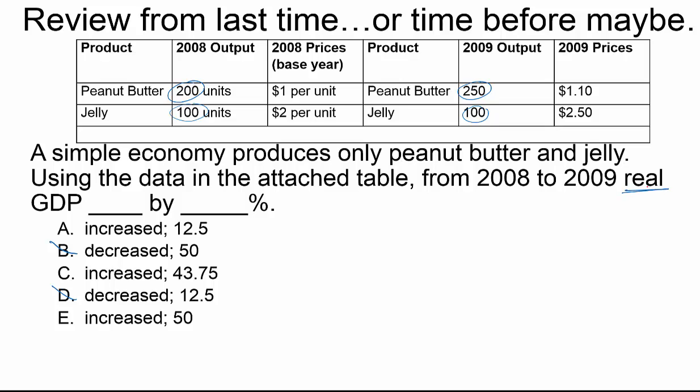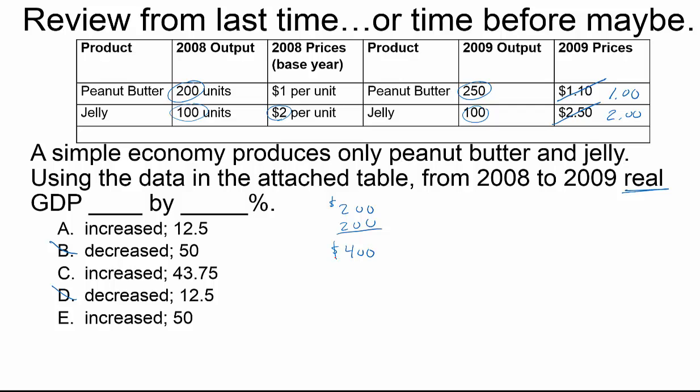That means we have to deflate the prices in 2009 back to the prices they were in the year 2008. So basically, we don't have to use a deflator or anything because this is a simple economy. So we're going to make the prices revert back to their 2008 prices so that we can then make a comparison. GDP in 2008 was $200 plus, if we take 2 times 100, another $200, so it was $400.